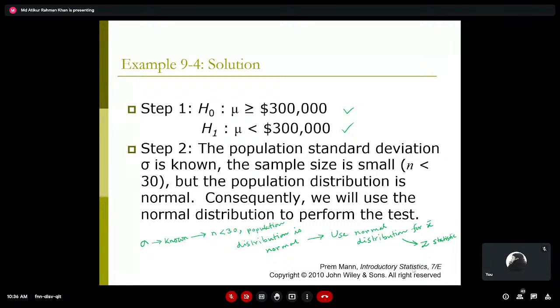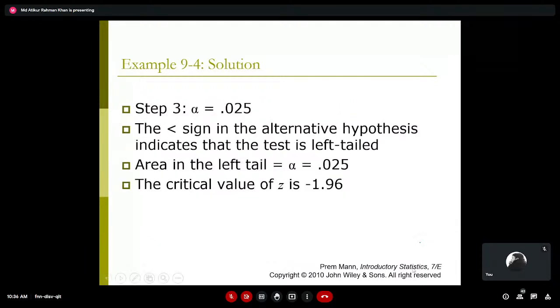Now in step 3, we can calculate the value of Z. I'm going to follow the same procedure from the beginning: Z equal to x bar minus mu divided by sigma x bar. I can calculate sigma x bar on the side.